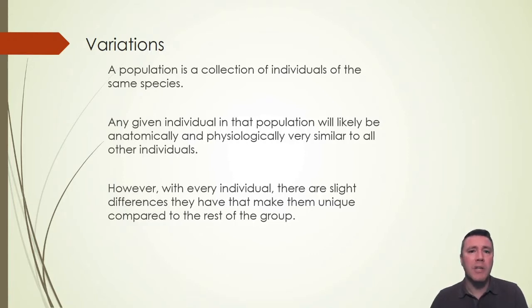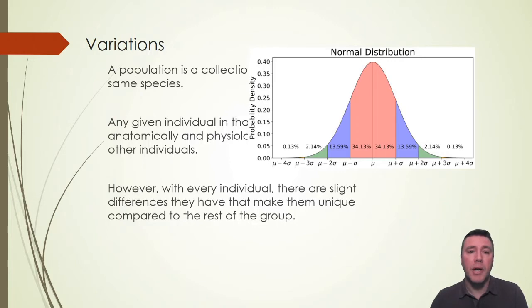The density of the needles on the branches of Douglas fir trees is likely not uniform. These differences could hypothetically be measured, and we would observe that most individuals in a population are average in their variations, and very few individuals would have extreme variations.